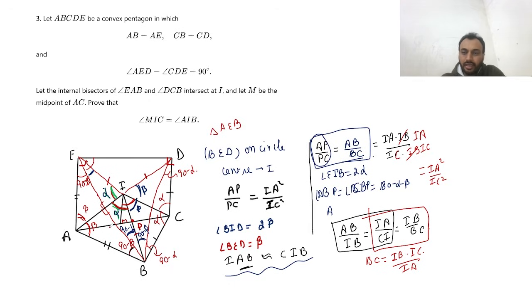And also, I used some angle chasing to prove that this is the angle bisector, right? Here I tried to prove that BI is an angle bisector somewhere. So basically we can eliminate that step by saying that as we got the angles alpha and beta in triangle AIB, you already know the angles alpha and beta.